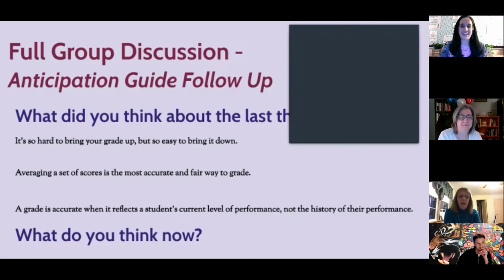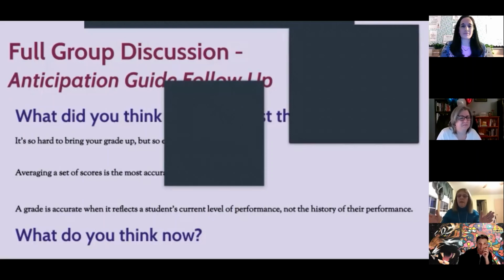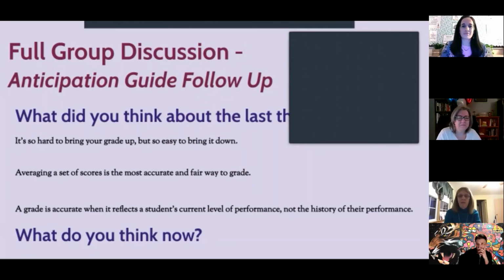Statement number 5 was averaging a set of scores is the most accurate and fair way to grade. I disagree with that statement, because if a child over time has done very, very well, and they have one grade that does not reflect what you think the child has shown you over the course of time, I don't feel that grade should be reflected in the average.